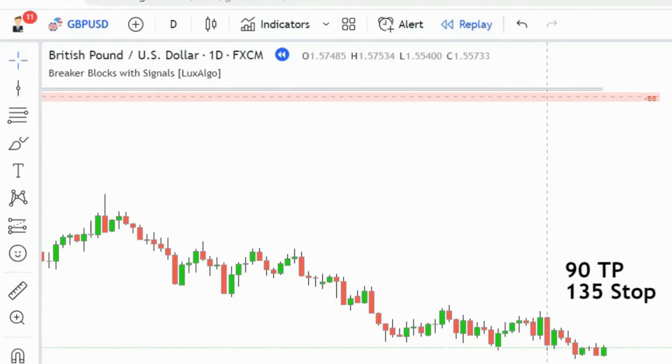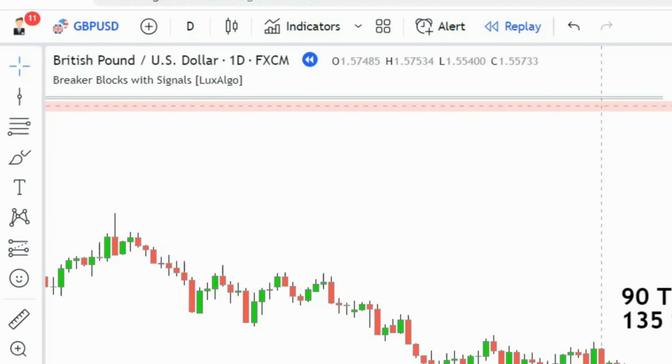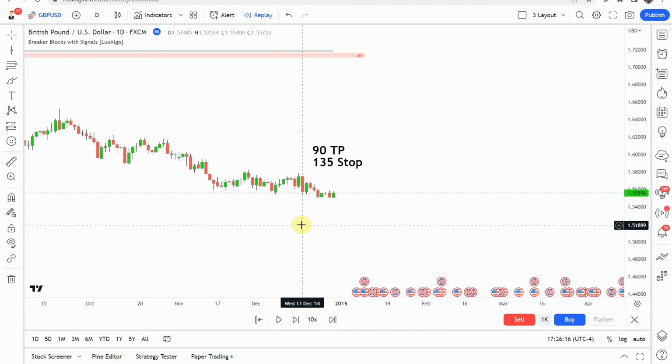All right, as I said, today we are testing the breaker blocks with signals indicator. We haven't tested an indicator in a good while here on the channel. Mostly what we've been doing is testing strategies and doing the retest, the advanced testing of the indicators that have won or have the 60% win rate in the original testing.